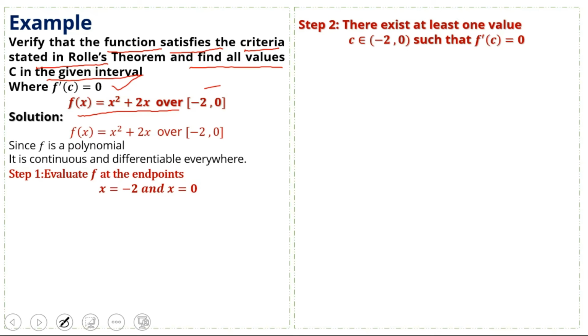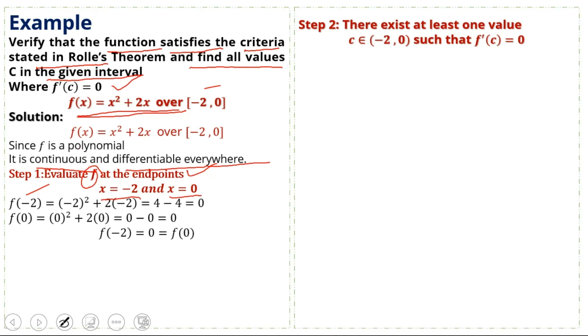We know the given function is a polynomial, so it is continuous and differentiable everywhere. First step, we evaluate the value of the function at the endpoints of the interval, x equals -2 and x equals 0.